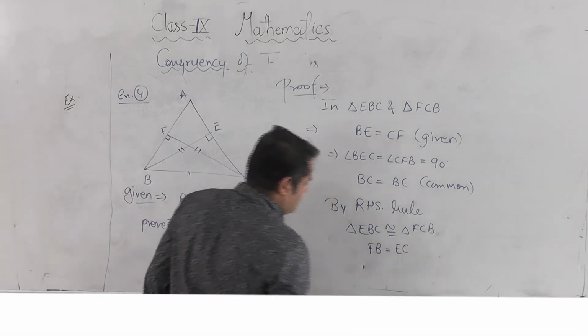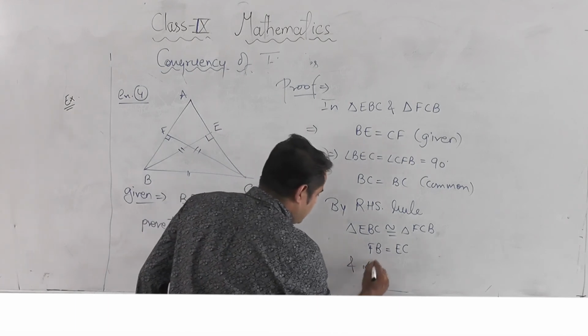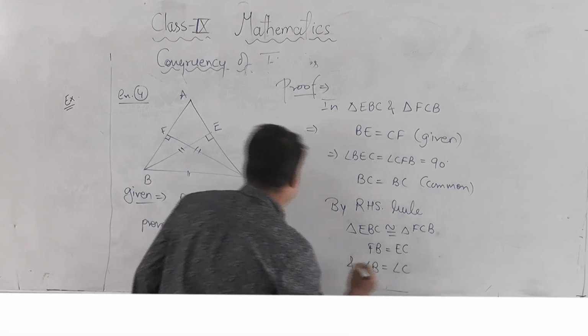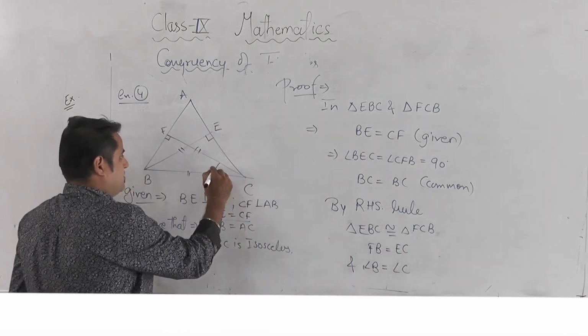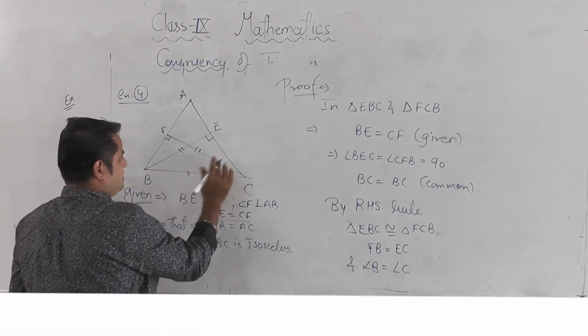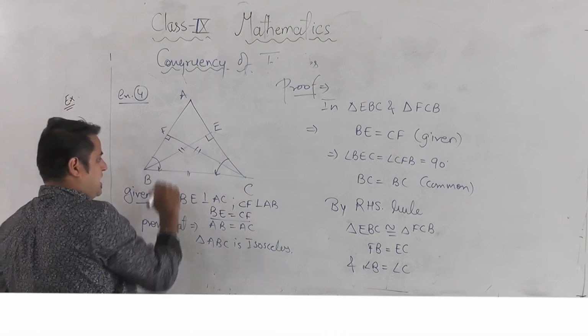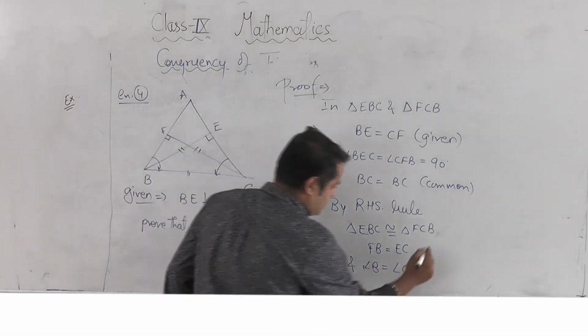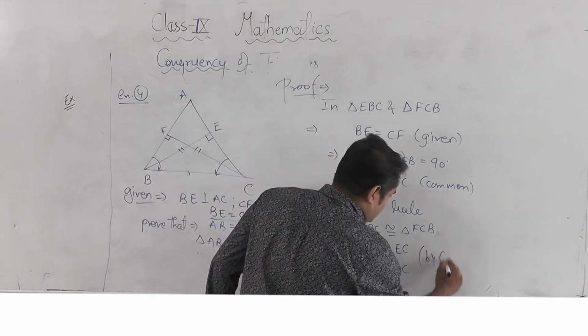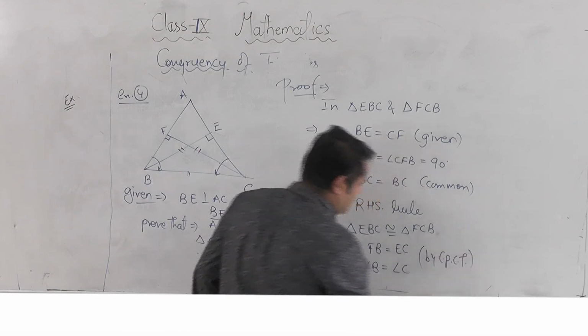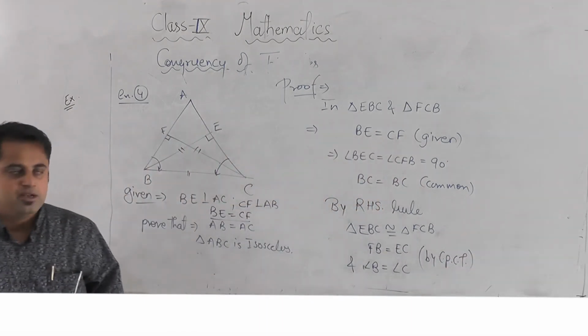And angle B is equal to angle C also we can say. In EBC it is angle C and in FCB it is angle B that are equal. Angle B and angle C are equal by our favorite corresponding parts of congruent triangles.